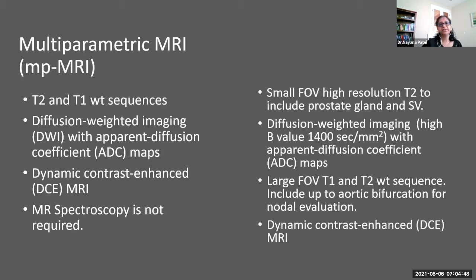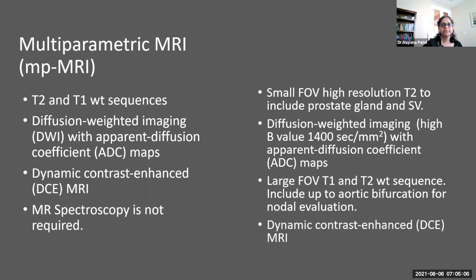In regards to the technique, multiparametric MRI is the most accurate imaging method to evaluate the prostate and has been validated for detection, localization, and staging of prostate cancer.